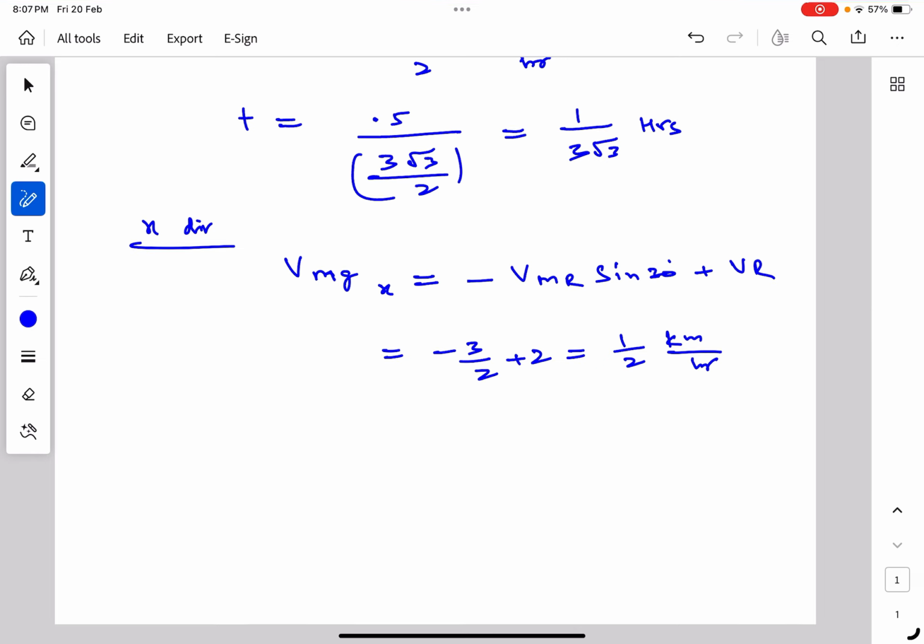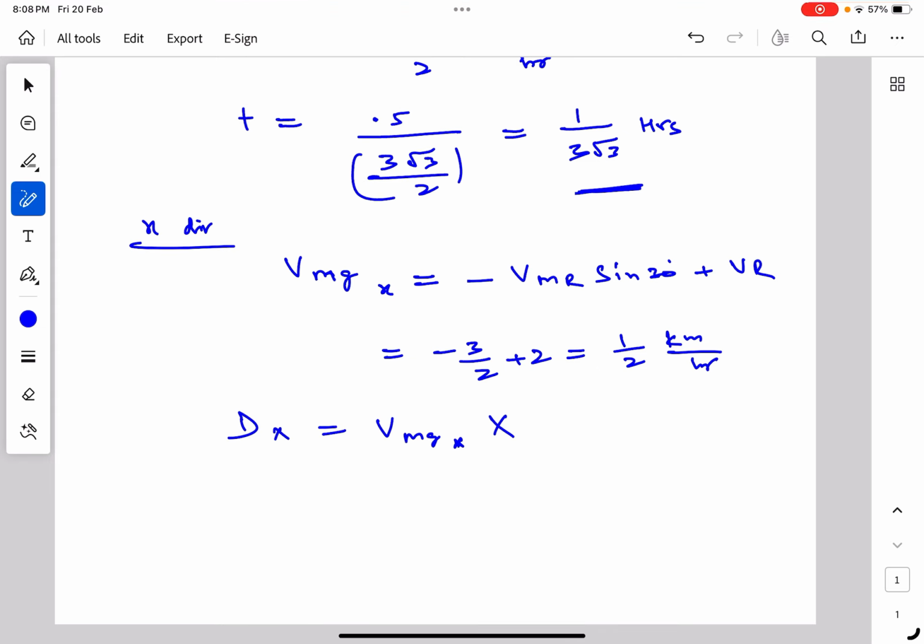Therefore, displacement in the x direction will be equal to velocity of man with respect to ground in the x direction into time taken to cross the river, which we have already got.